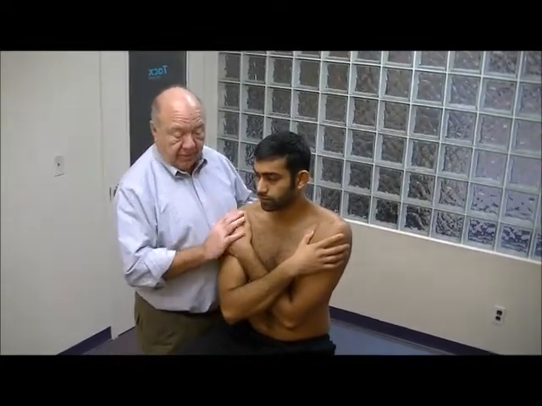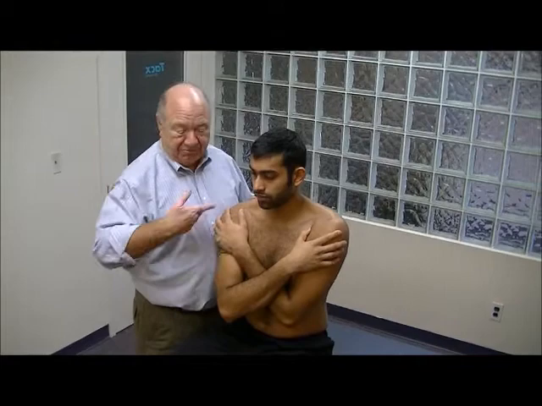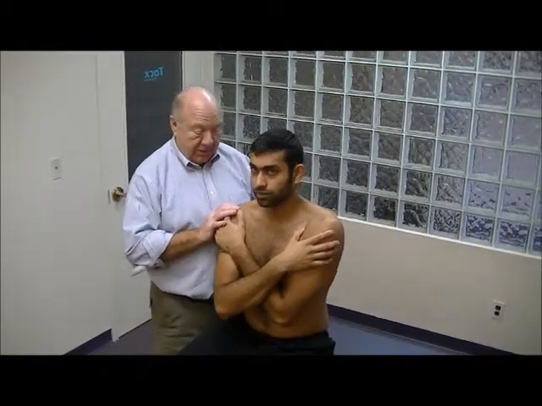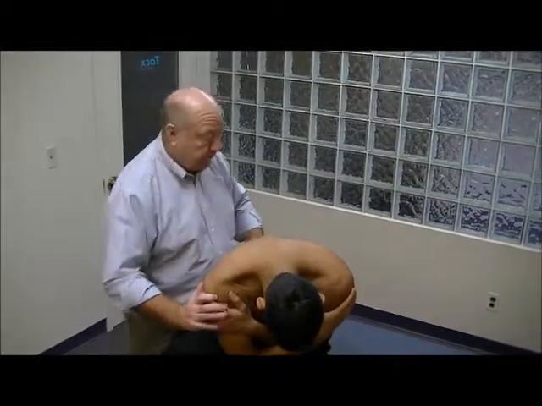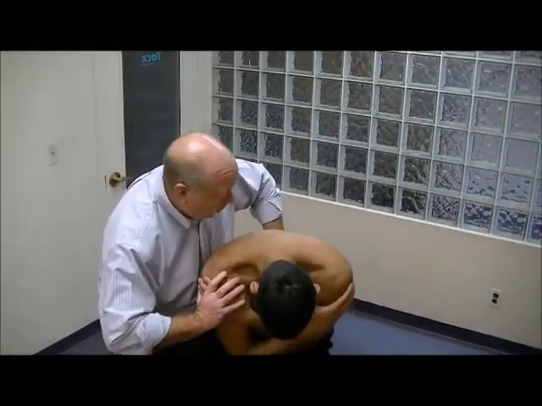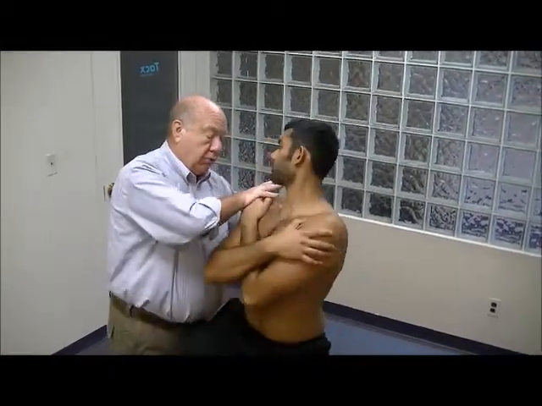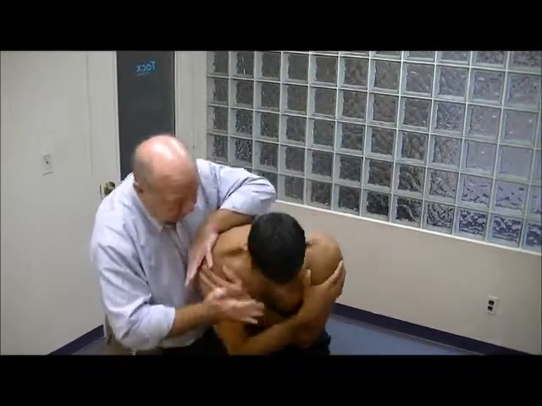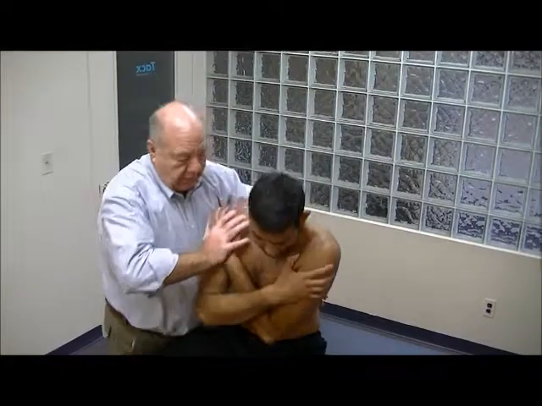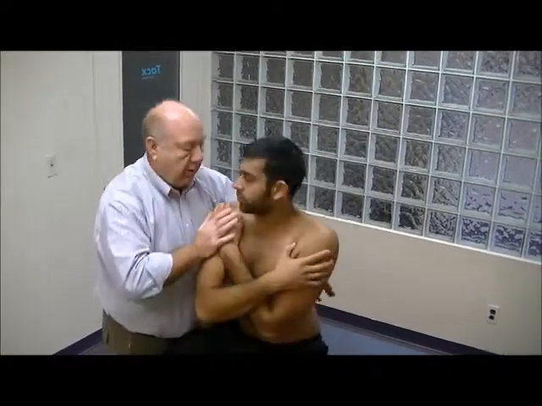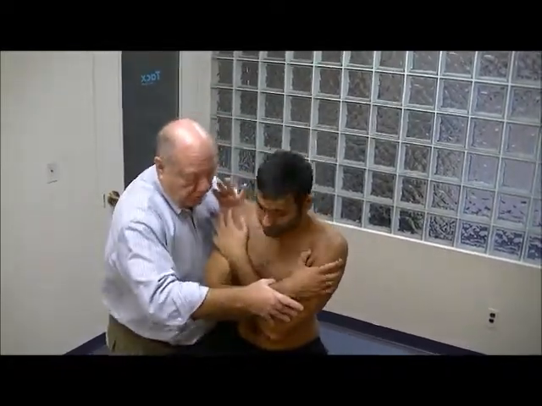Okay, now, given that we haven't had too much chance to actually work this out between us, let's see how we do. So we're going to come down to the start position, which is, again, flexion, left rotation. And it'll be don't let me push you up, and push down, and push up, and push down, and don't let me push you up, and don't let me push you down. Not too much resistance.